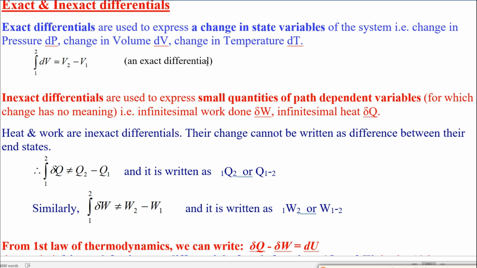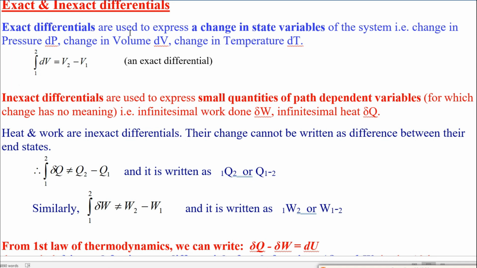So for exact differentials we use D for the change of properties, maybe dV, dP, the change in pressure, dV the change in volume, dt the change in temperature, etc. And for path functions, their changes are written with del, that is del Q or del W.